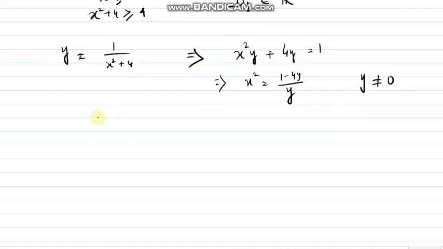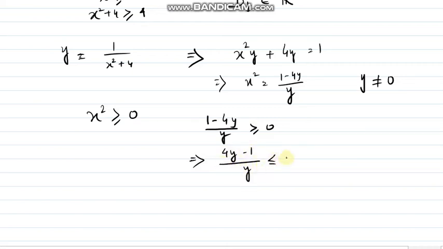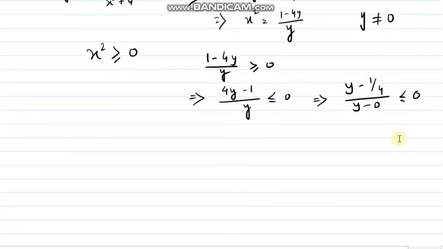Next, as x square is always greater than or equal to 0, can we write (1 minus 4y) divided by y is greater than or equal to 0. If I multiply by a minus, it will be less than or equal to 0. Hence (y minus 1 by 4) divided by (y minus 0) should be less than or equal to 0. As it is less than or equal to 0, the value of y should be in between these two values.